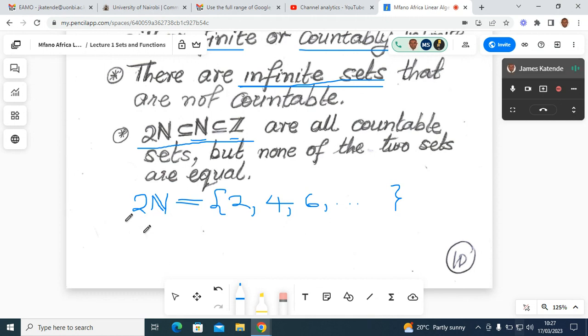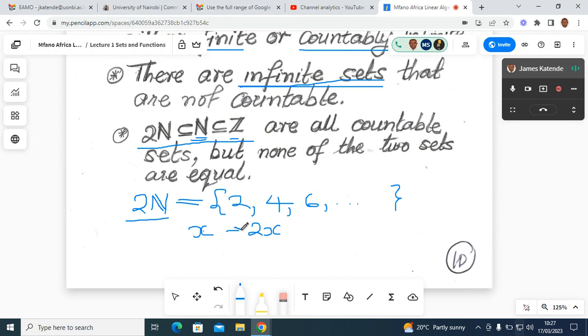So what is strange is that this set seems to be ideally smaller than the natural numbers, but you can find a bijection, a map that is one to one and onto, from the set of natural numbers to the set of even positive integers. The bijection is simply this: you pick a natural number and you send it to twice that natural number.